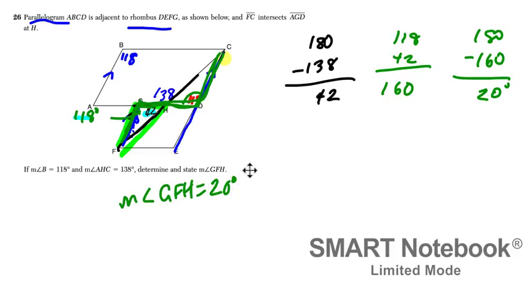My tip for these missing angle problems is don't even look at what you're trying to find. Ignore the angle you're looking for, honestly, and just label every single angle that you can find in this problem, and any problem where you're looking for missing angles. Because what tends to happen if we know the angle we're looking for is we get too bogged down trying to focus on that one angle that we can't see the forest for the trees.